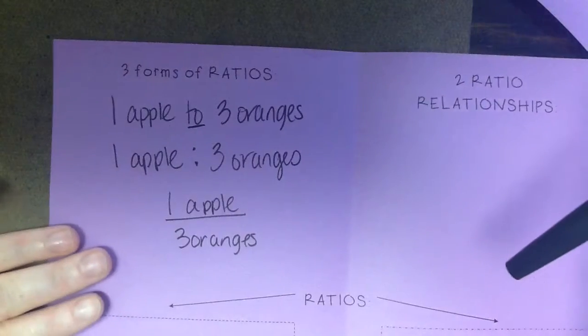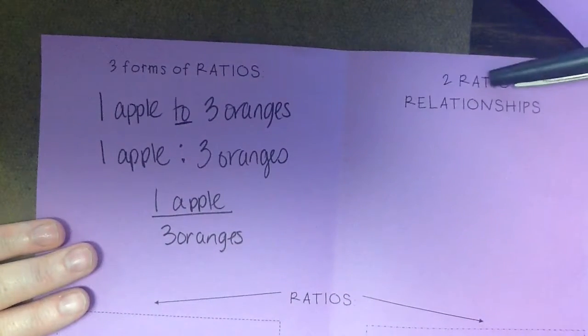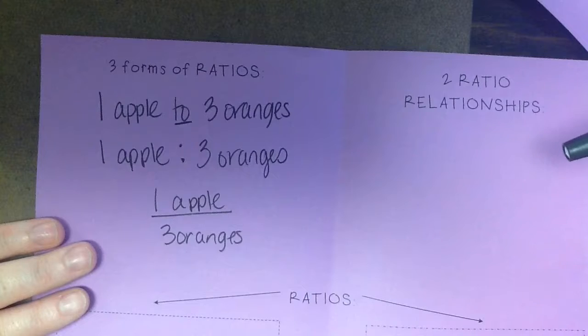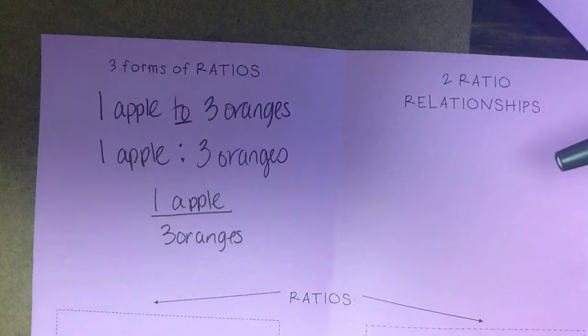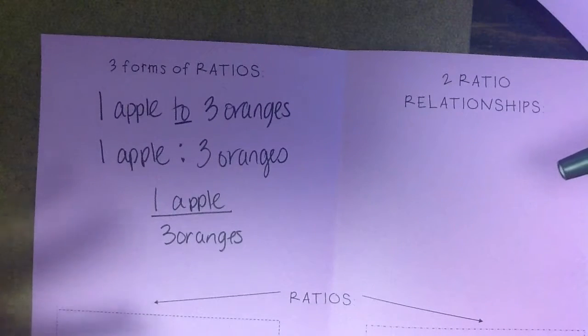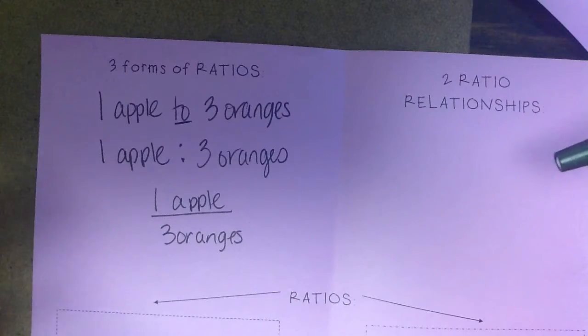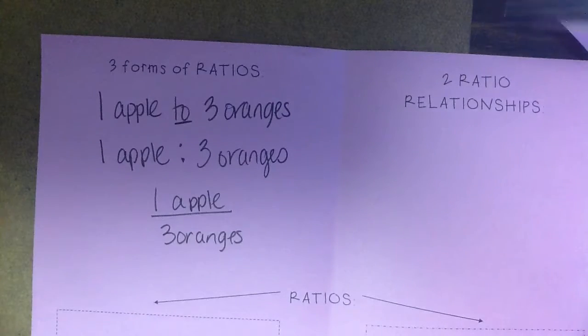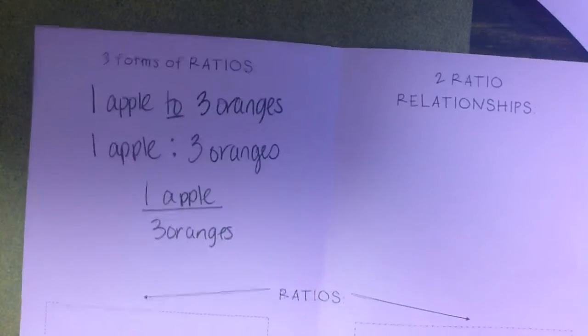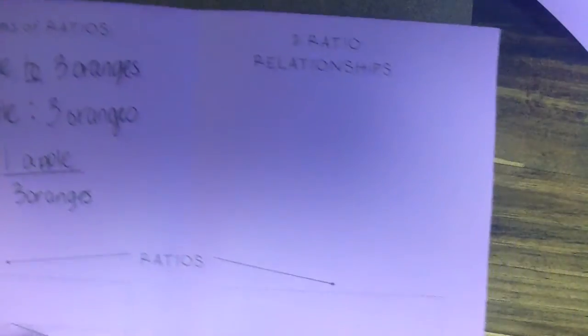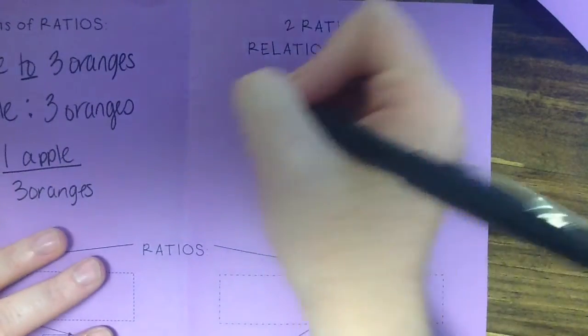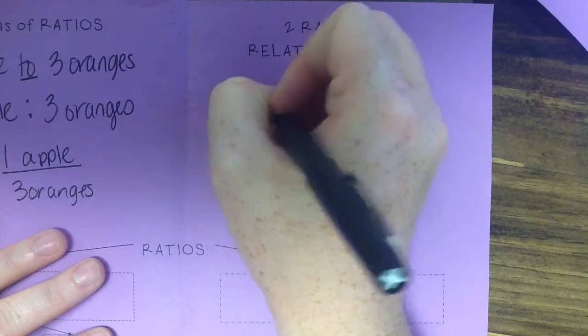Okay, the second slide talks about two ratio relationships. We have talked about this in the first unit when we were talking about fractions. The first one is going to be part to part.